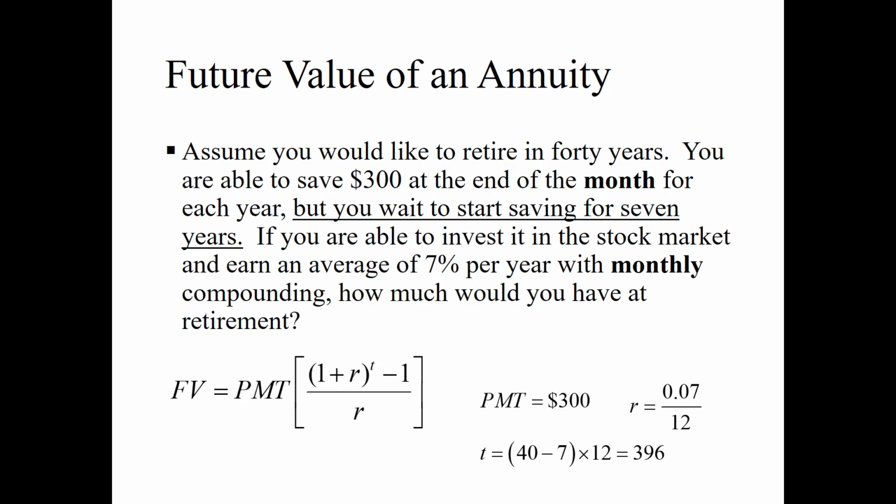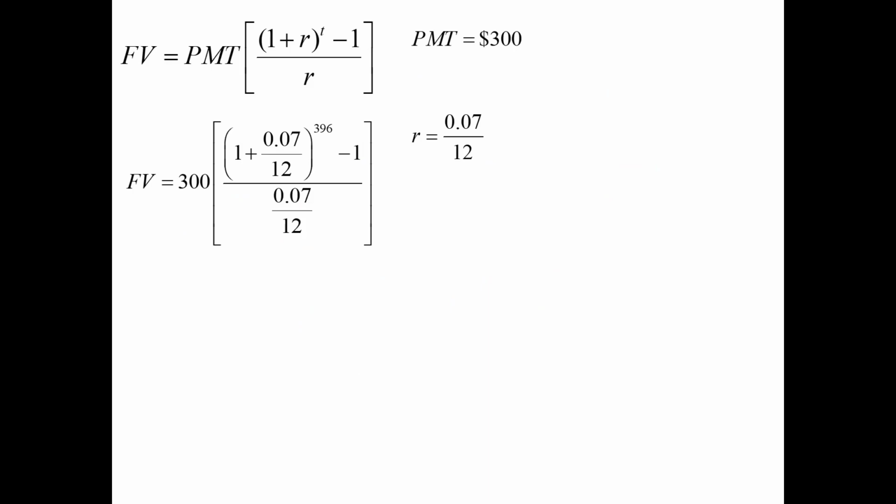We multiply that by 12 because it's still monthly compounding, and we get a value of 396 months. And so here we see our setup, and the important thing to remember, of course, is that our T is going to be 396, and we can continue with the math.